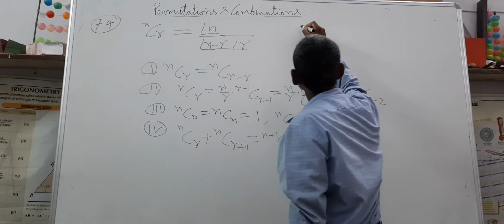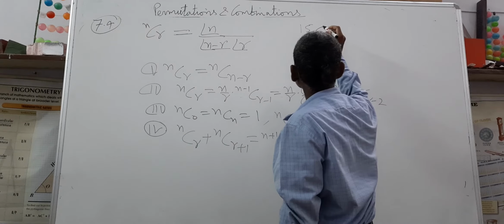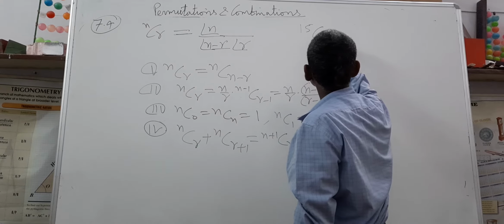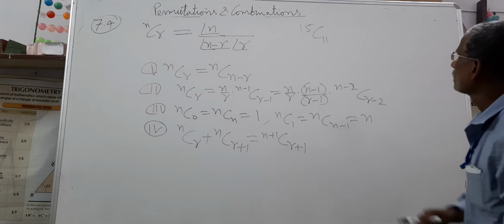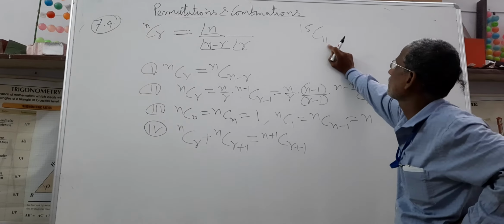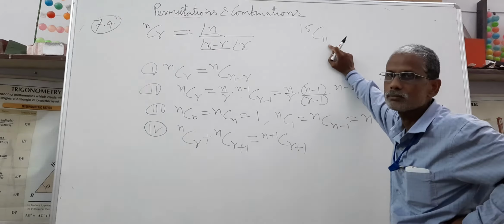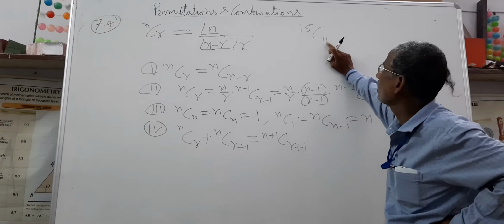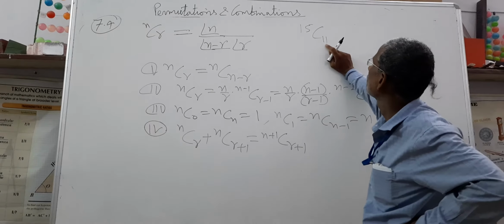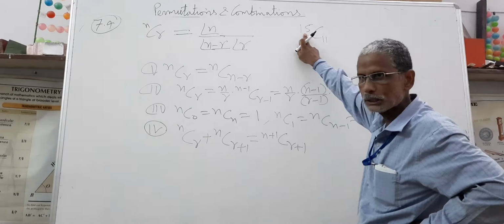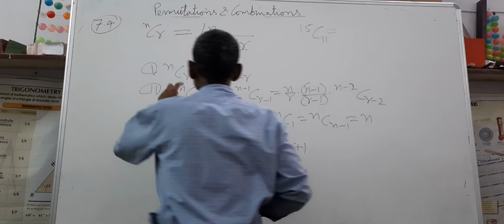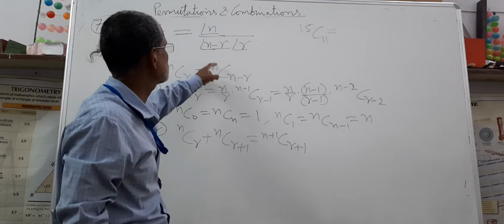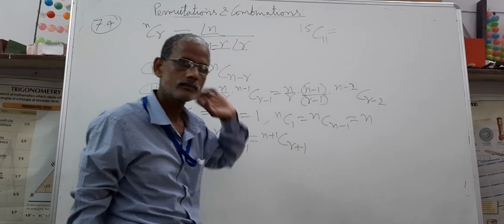Suppose 15C11 is to be determined. Here 11 is greater than 15 by 2. If the value of R is greater than the value of N by 2, then use NCR is equal to NC(N minus R).